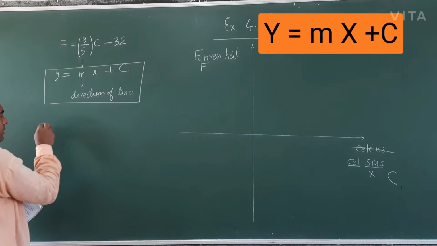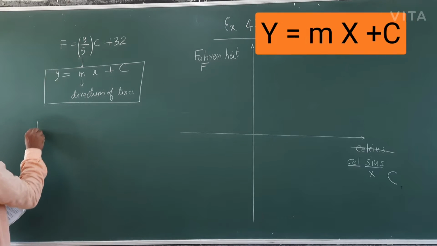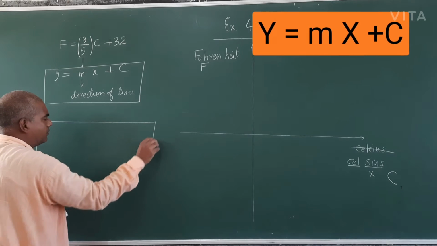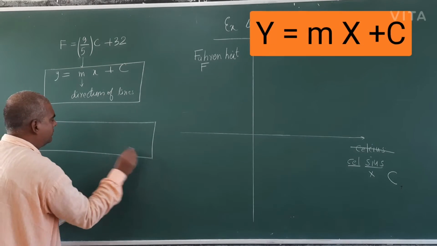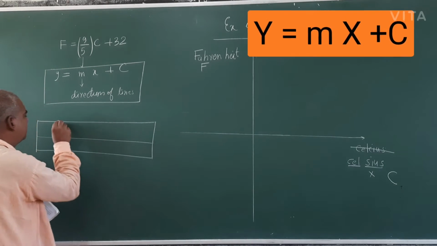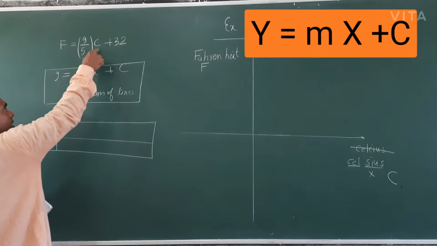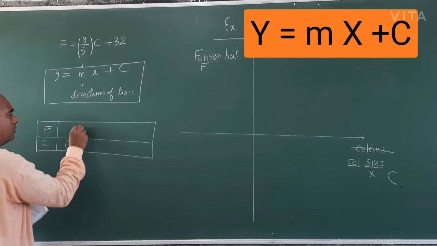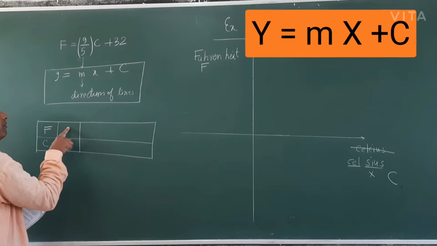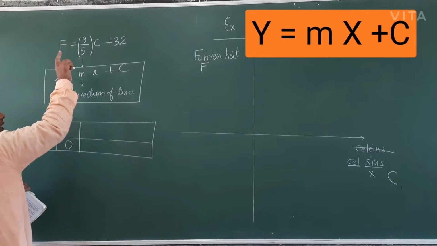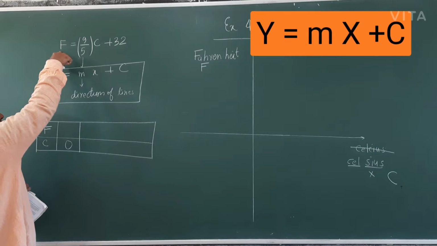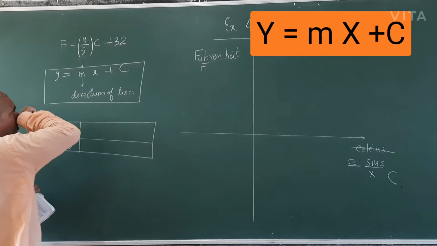I am going to make the table. So draw the table. This is F, this is C. If I take C is equal to 0, then what will be the value of F? And if we take F is equal to 0, then what will be the value of C?